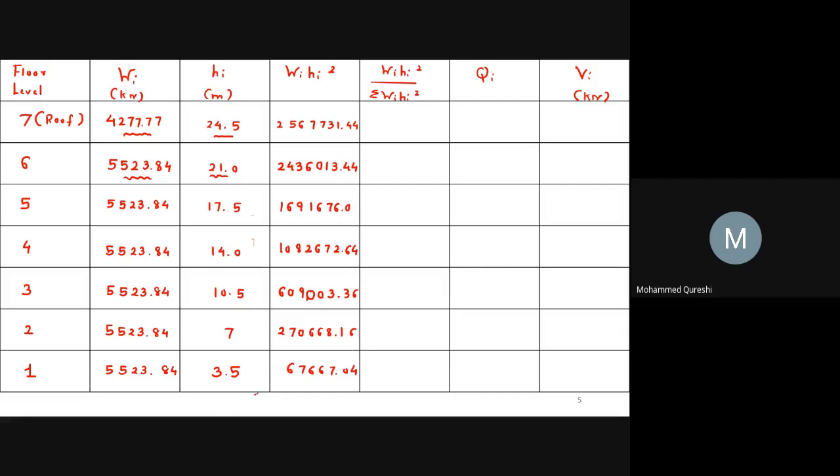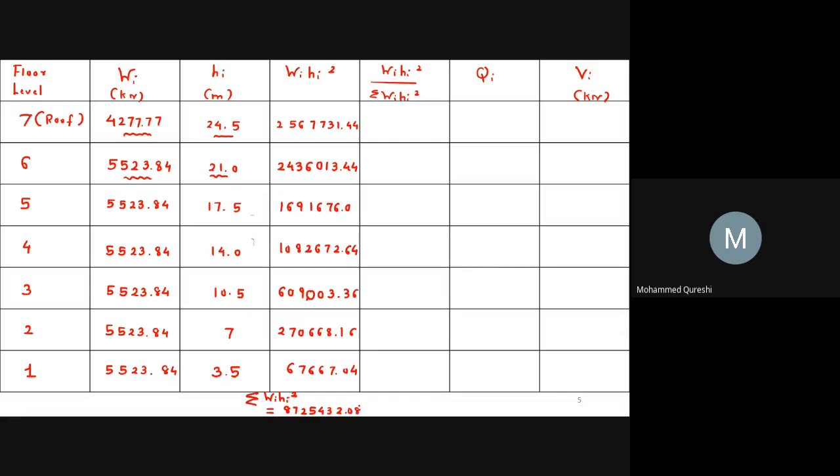So we will write here summation of Wi Hi square equals to 8725432.08.